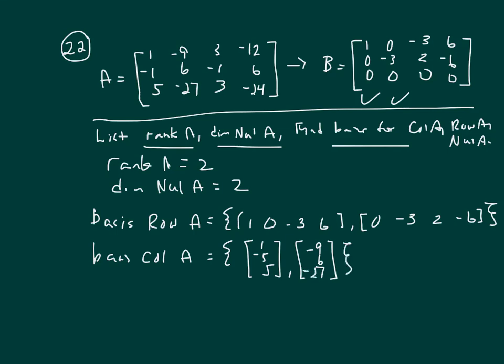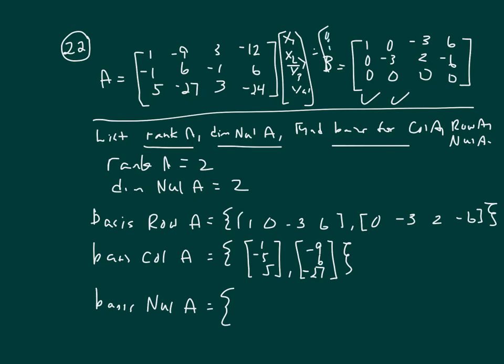Okay. And then the way we find the basis for the null space is like we've done before. Remember the null space, I'll go over here to do that. The basis for the null space, when we reduce it, think about if we were saying A times an unknown vector that I'll call x1, x2, x3, x4 equals 0.